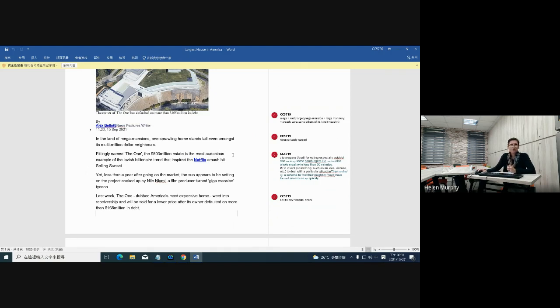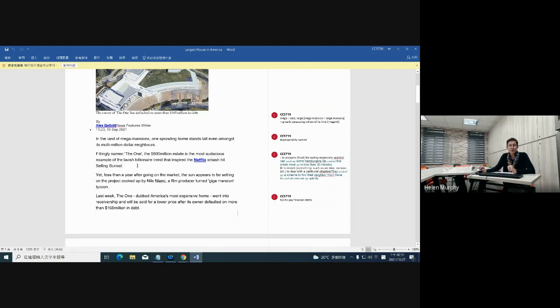Okay, and they're saying that these kinds of mega mansions have inspired a smash hit, and what they mean by that is a television show. When we're talking about something being a hit, if we want to emphasize that it is a big hit, we would say it's a smash hit. So this show is called Selling Sunset.